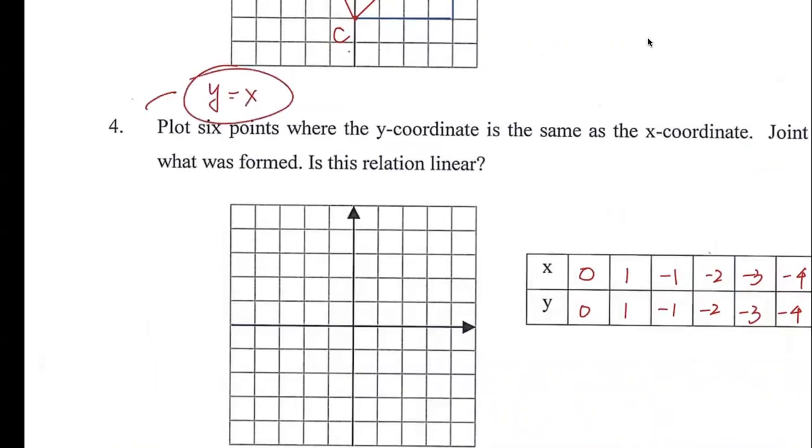It's a straight line that passes through the origin with a 45-degree angle. But if you have never seen this before, let's simply plot all the points in the coordinate plane and then join all the points. Then you will see it is a straight line.